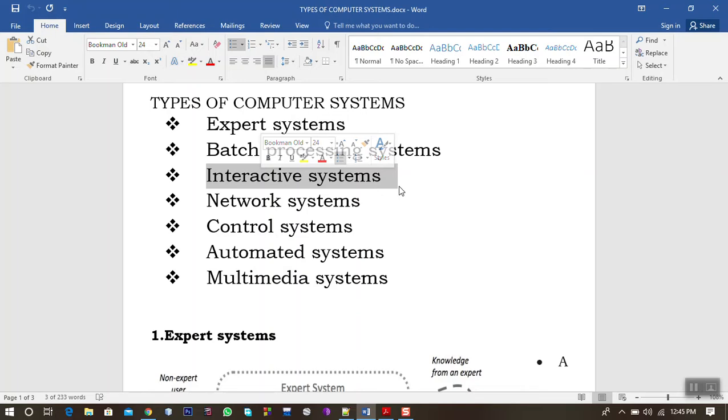So most of the industries which are automated use this type of system, which we call interactive systems. We have network systems, then the control systems, automated systems like the automatic teller machine, Zanaco ATMs, and then we have multimedia systems. We'll look at all these, but today our focus is on the expert system.